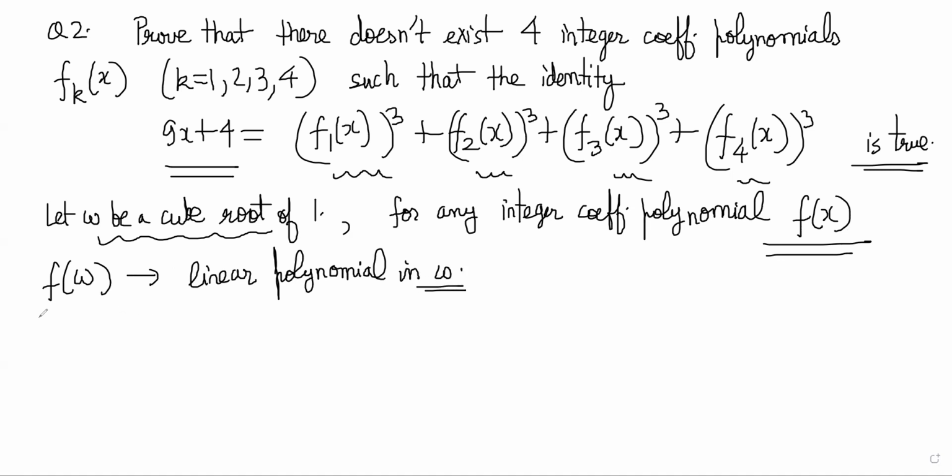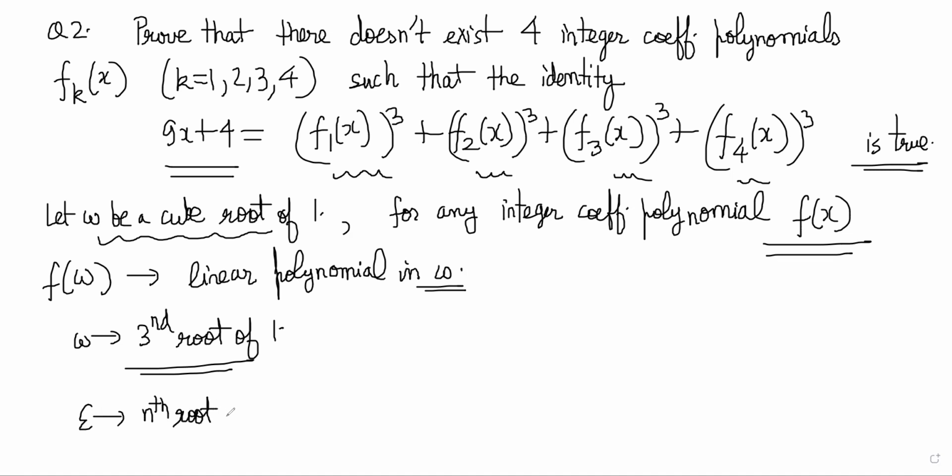Why linear in omega? Because omega is a third root of 1, right? If epsilon was an nth root of 1, we saw a property earlier that f of epsilon will be an n minus 1 degree polynomial in epsilon, right?